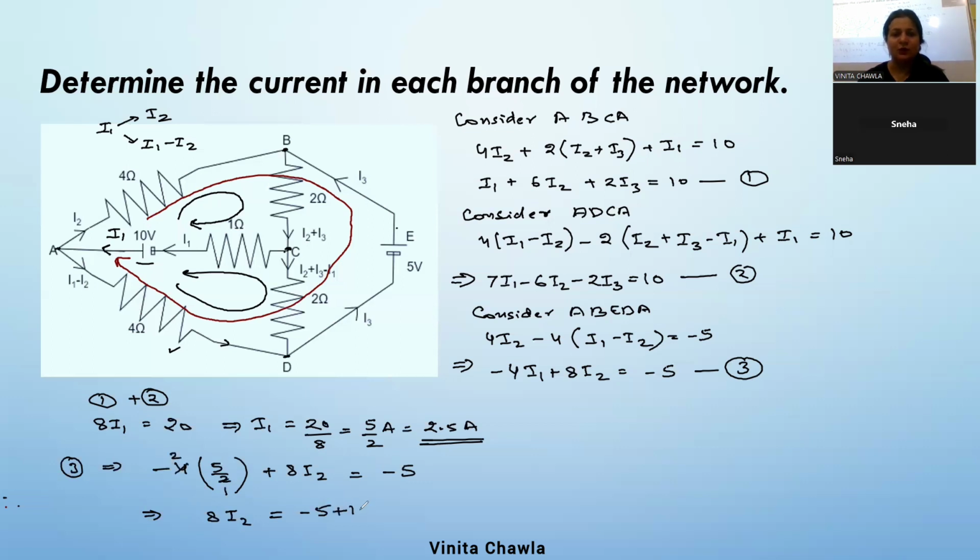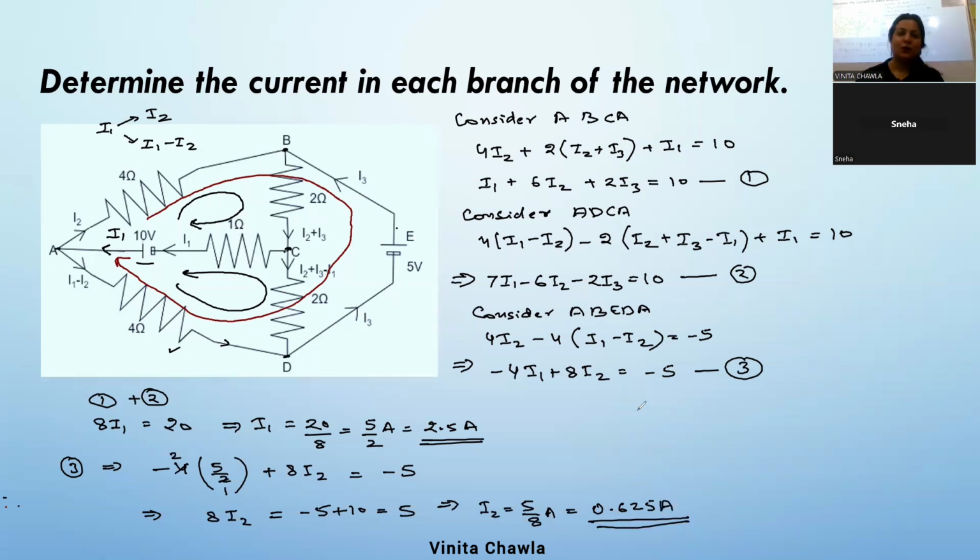It's 5, we are getting the same value. It's 5 by 8. This implies I2 is 5 by 8 ampere. Write in decimal, 0.625. It didn't come out as 0.625, I did it wrong. 8 6 48, 20, 8 2 16, 40, 8 5 40. That's correct.